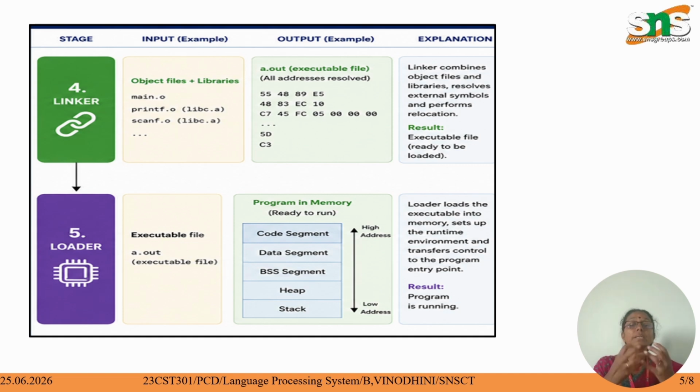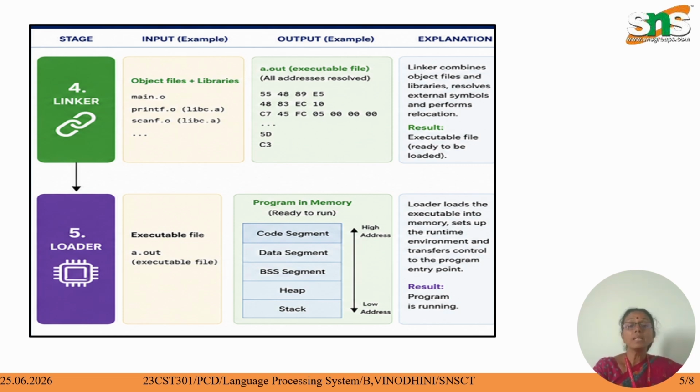The loader gets that executable file and loads it in the operating system. The loader loads the executable file into the memory, sets up the runtime environment, and transfers control to the program execution. So the result is the program is running in the operating system.